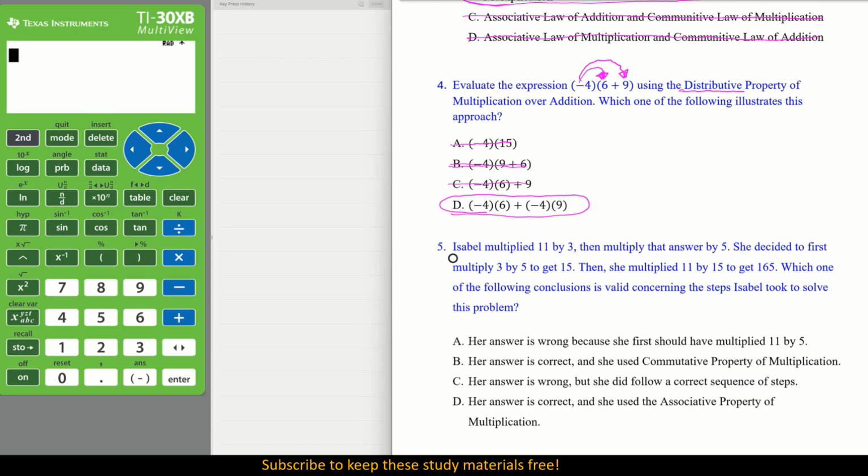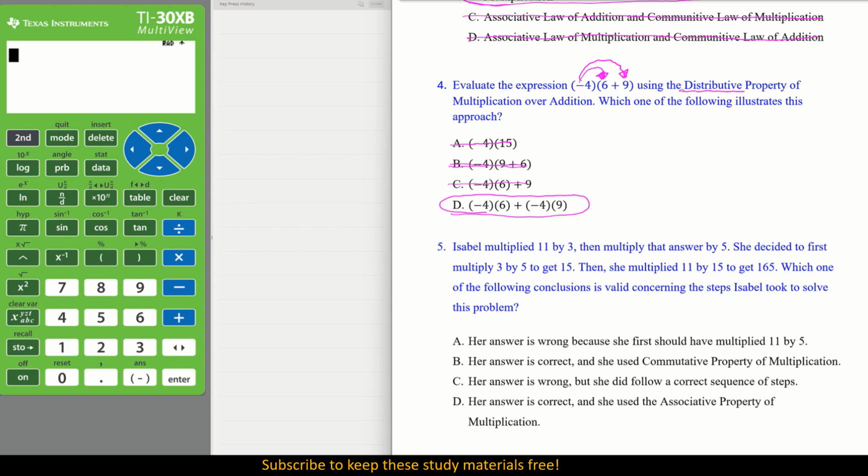Okay. Isabel multiplied 11 by 3, then multiplied the answer by 5. She decided to first multiply 3 by 5 to get 15. Then she multiplied 11 by 15 to get 165. Which one of the following conclusions is valid concerning the steps Isabel took to solve the problem?